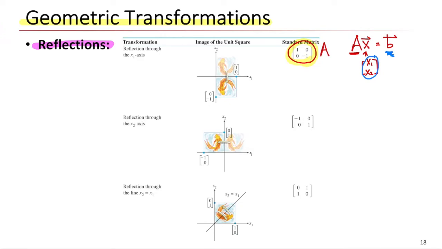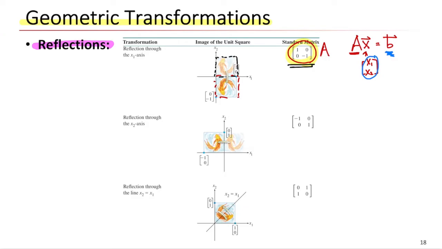So for example, if we use this matrix, we can transform the original image into something like that.